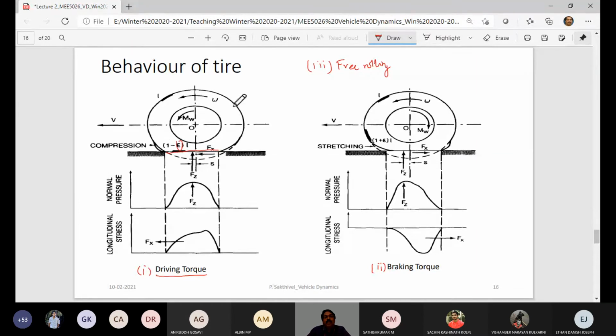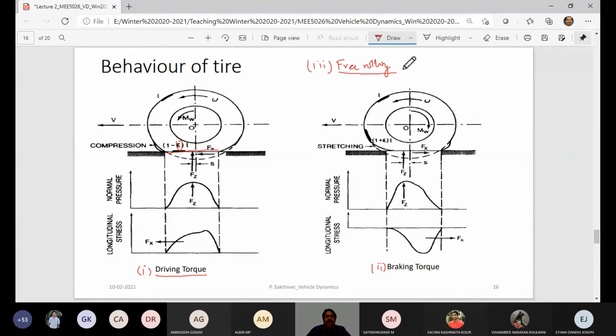So for one revolution of this tire, the tire translation is not its expected equivalent translational distance; it would be shorter than that made by a free rolling tire. That's an important understanding. If I consider a free rolling tire, where there is no driving torque or braking torque, the translation of my point O, the center of the wheel, for one revolution is 2 pi r, where small r is the free rolling radius.